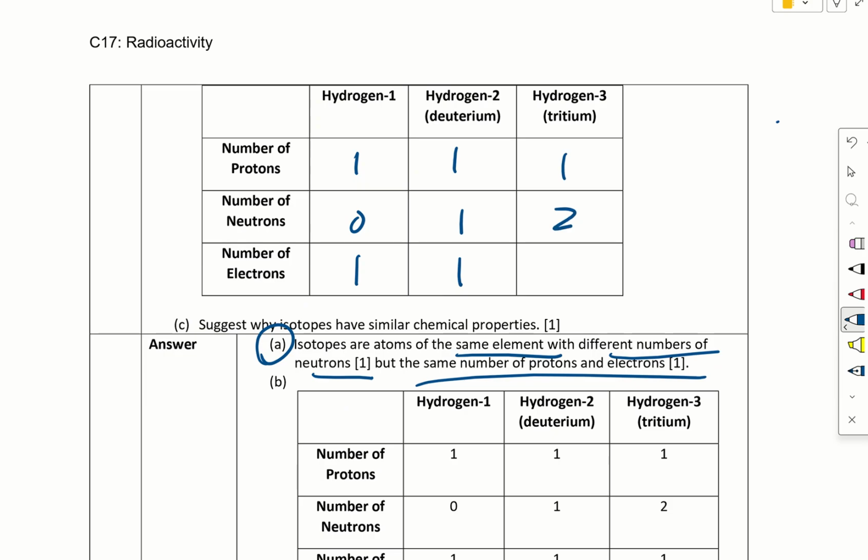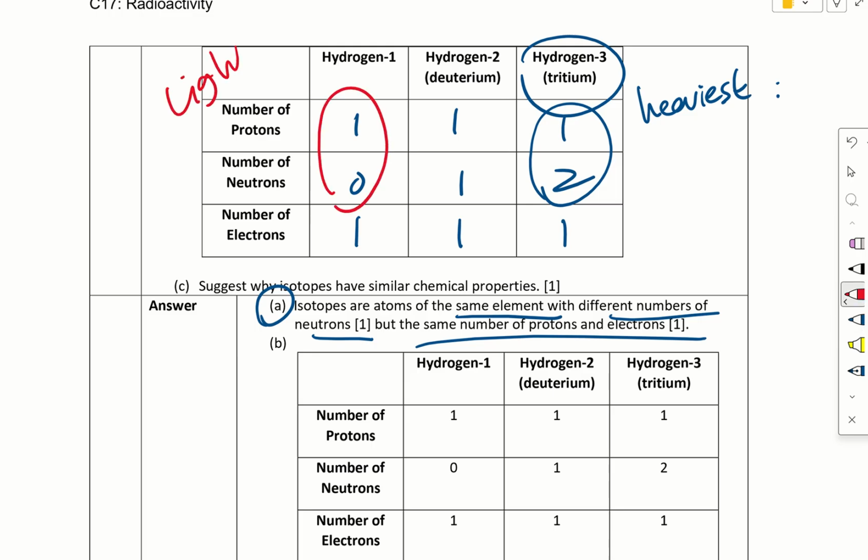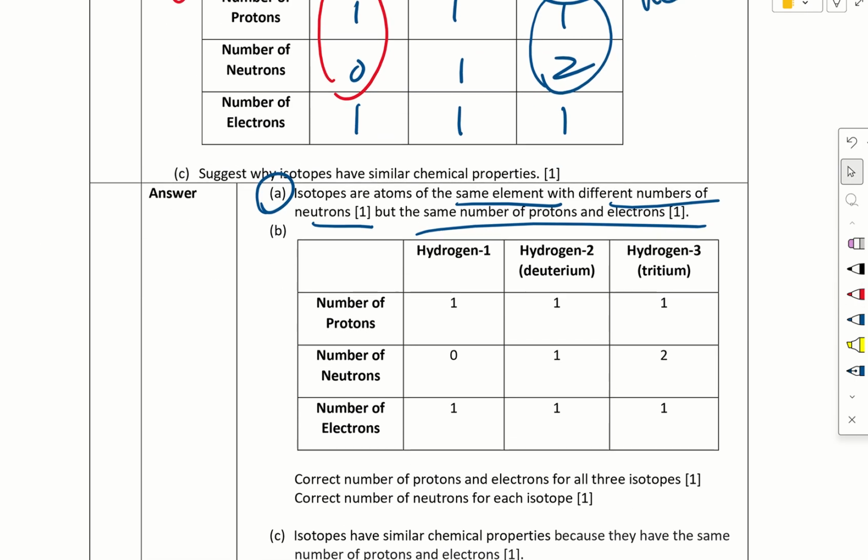This is 1, 2, 1. So hydrogen-3 is actually the heaviest, right? Because the total mass is 1 proton plus 2 neutrons. Hydrogen-1 is the lightest, because the total mass is 1. We don't count the electrons, strictly speaking, because they don't really have mass.